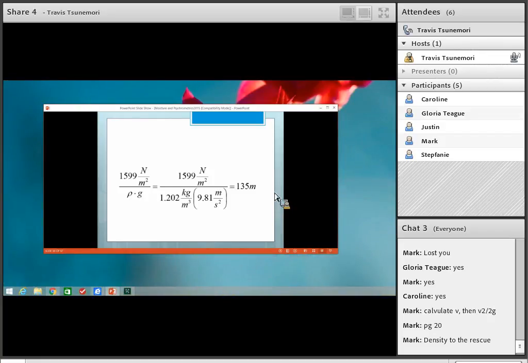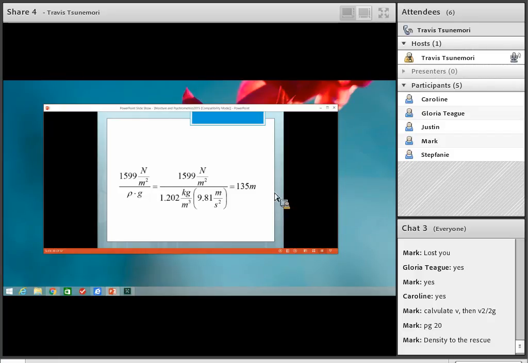And we'll see a problem later where it makes sense to simplify the problem to that. But it's just good to notice what the relative magnitudes of these terms are.